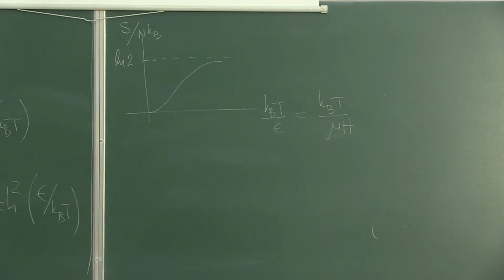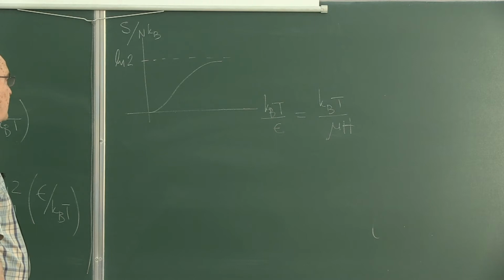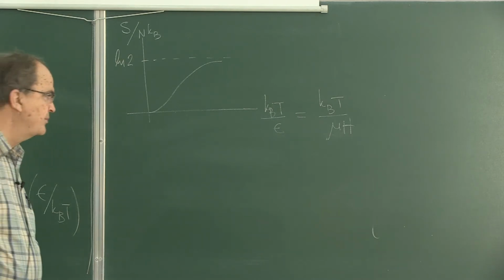It properly goes to zero when temperature goes to zero, in accordance with the third law of thermodynamics, and it goes to a limit ln 2 for higher temperatures. Because you have two states, it is proportional to the logarithm of the number of available states.